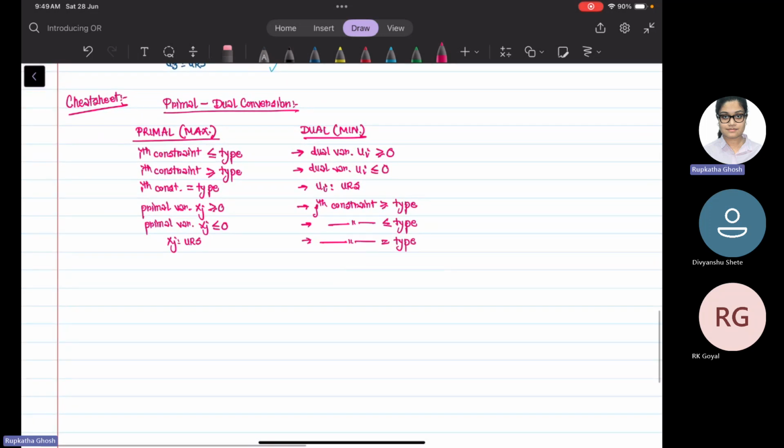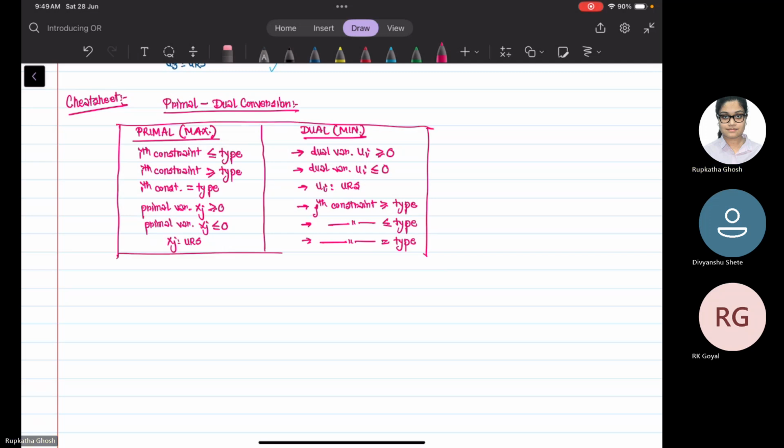Okay, so this is the simple cheat sheet that you can remember. I'll tell you, you can simply remember only the first line, this one and this one, because an equality is very simple.